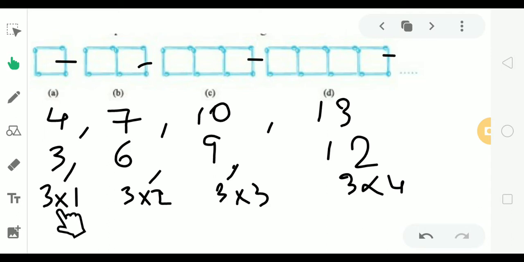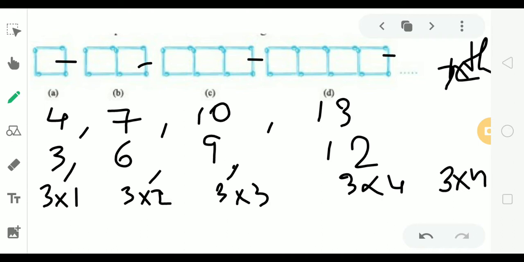So according to this, for n, the rule will be 3 times n, or if you take the variable x, we can write this as 3 times x, and so on.